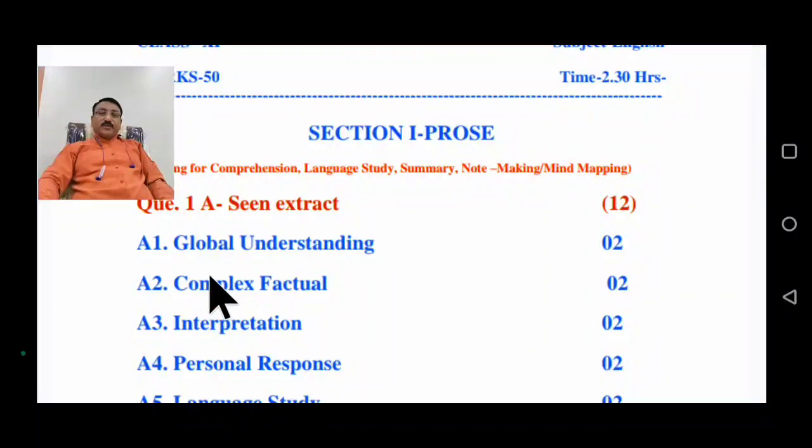The first activity is global understanding. In this activity you may have to complete the wave chart, or state whether the following statements are true or false, or 4 sentences may be given in jumbled order and the students will have to arrange these sentences as per their occurrence in the original extract.